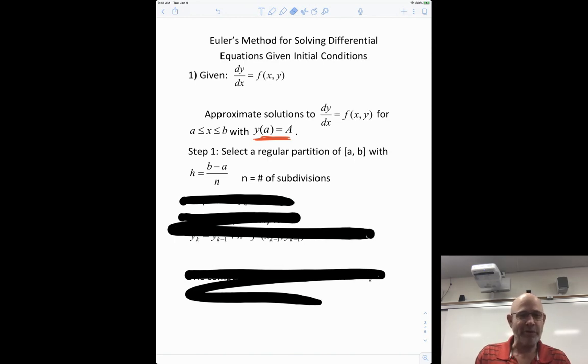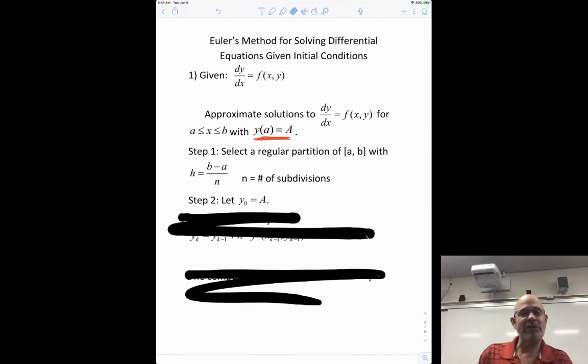So if we're going from 2 to 4 and we want to do it in 2 steps, we go one number at a time. n would be the number of steps. This would all be given to us in a problem: the initial point, which is your small a, the answer we're really looking for, which is at b, and the number of subdivisions to use.